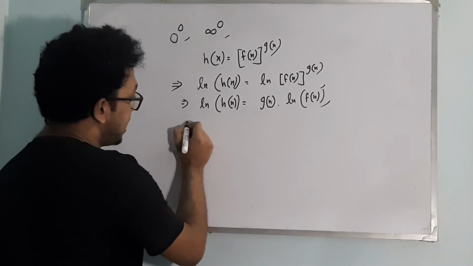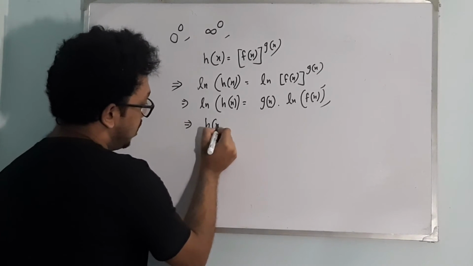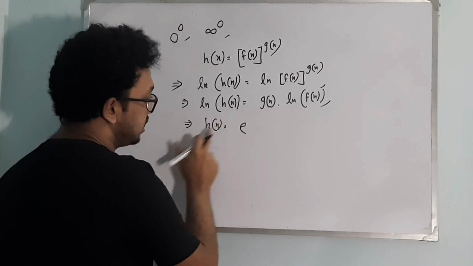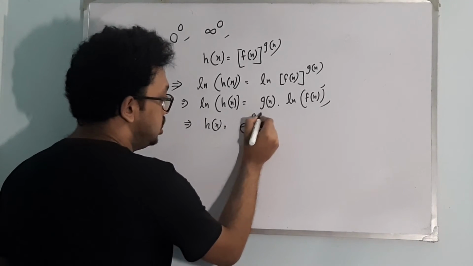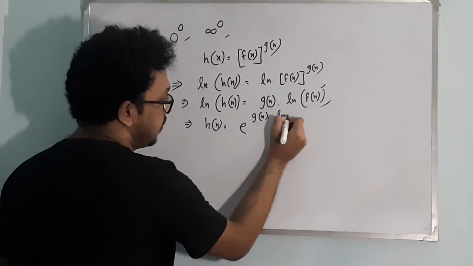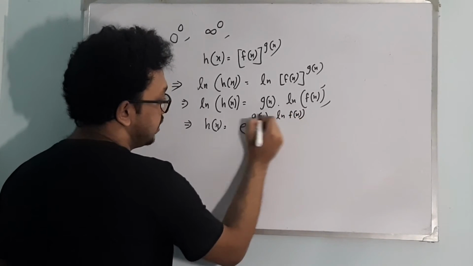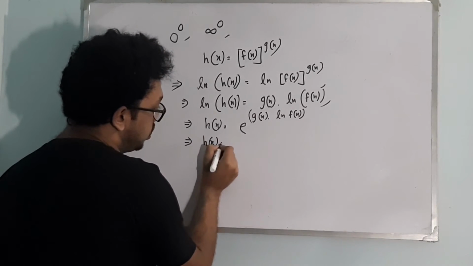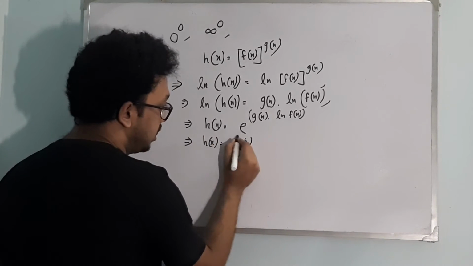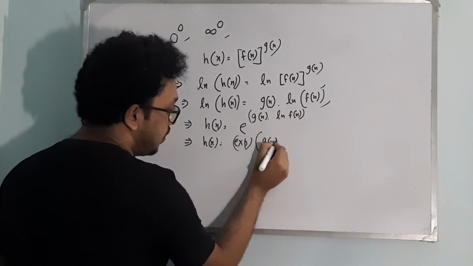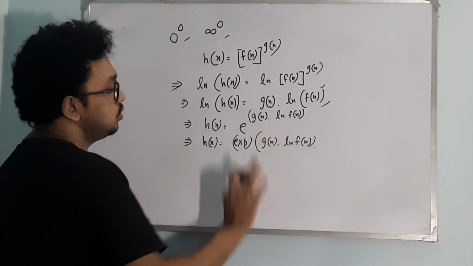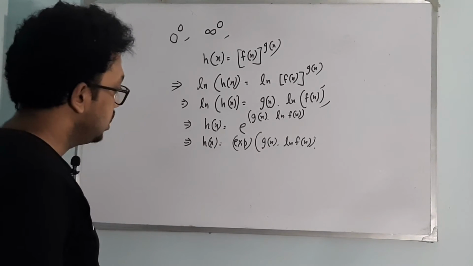So h(x) can be written as e to the power g(x) into ln of f(x), right? This can also be represented as h(x) is equal to exponential of g(x) into ln of f(x). This is simply another way of representing e to the power g(x) into ln f(x).